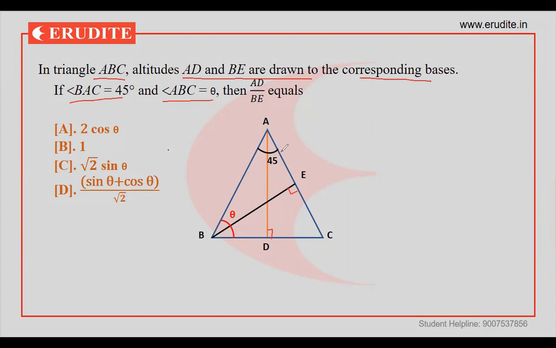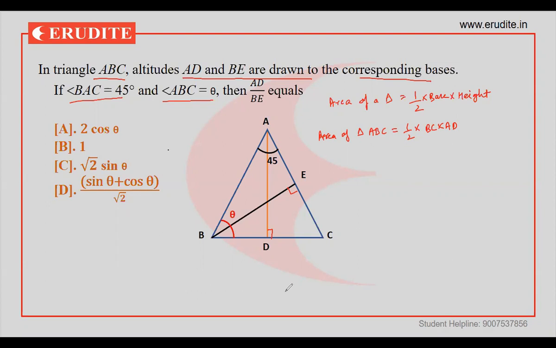So guys, we know that the formula to find the area of a triangle is half into base into height. If I talk about the area of triangle ABC, if I consider AD as the altitude or height, then the area will be half base BC into AD.